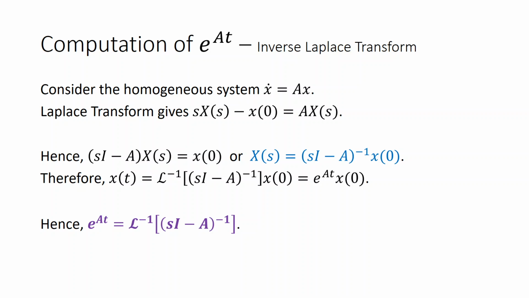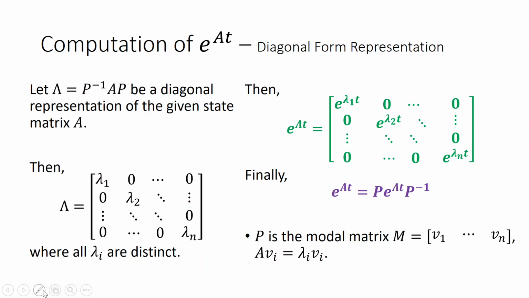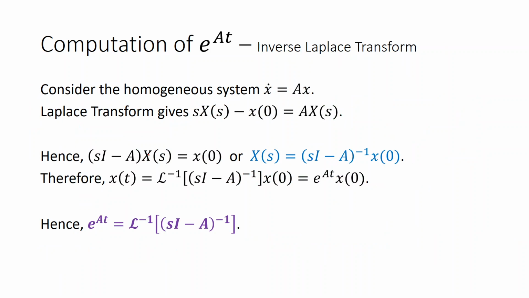If you consider the homogeneous system x dot equals Ax and you take the Laplace transform considering the initial condition, then with some manipulation you will get X(s) equals (sI minus A) inverse x0, and your x(t) would be the Laplace inverse of (sI minus A) inverse x0.